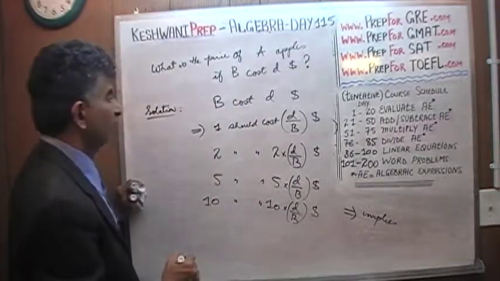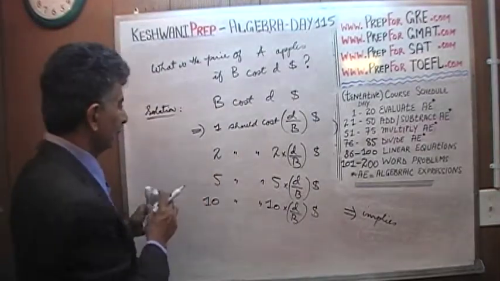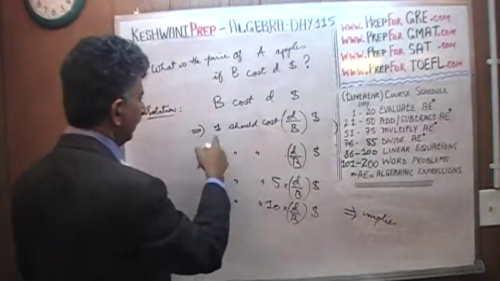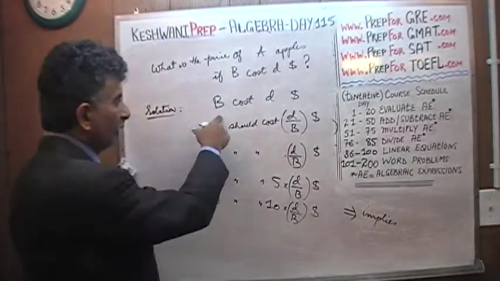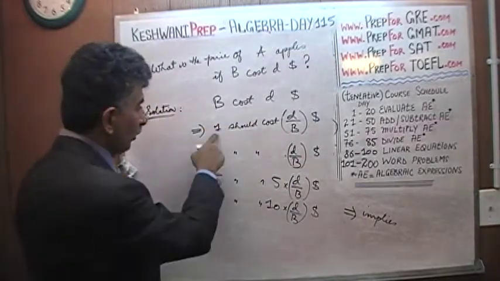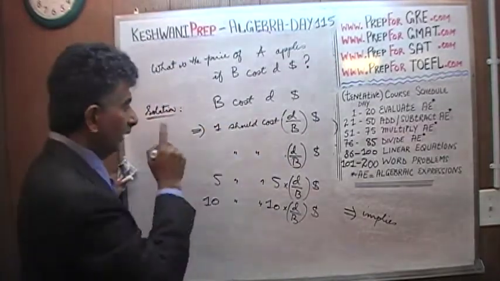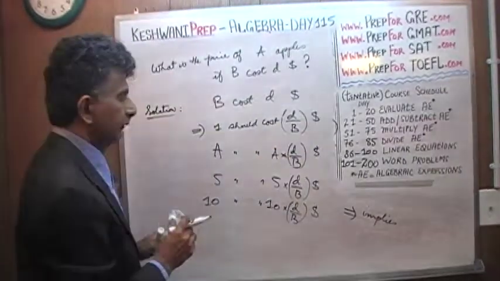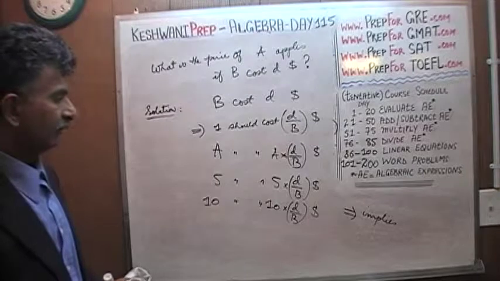And therefore, since we want to buy A, if B costs D dollars, then 1 should cost D over B dollars, and therefore A should cost A times that amount. Voila, that's your answer. A times D over B.